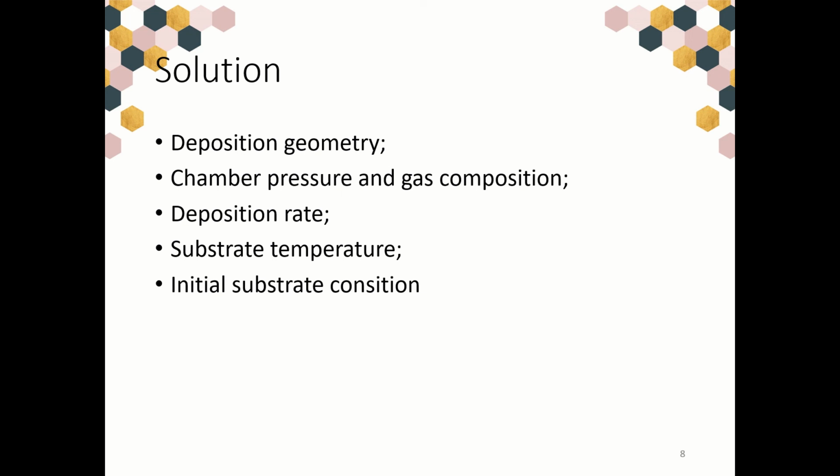The last factor is initial substrate condition. As glancing angle deposition is a surface technique, it is highly sensitive. Therefore, substrate roughness and the surface chemistry should be well controlled.